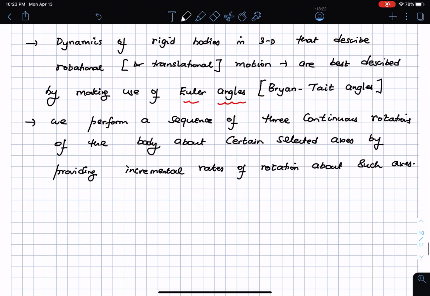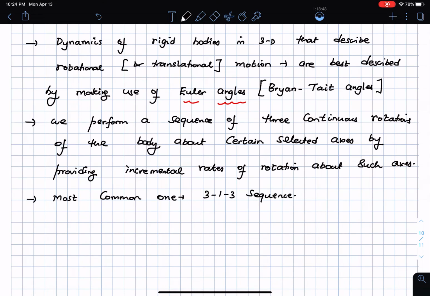And these rotational sequences can be of different types. The most common one is the 3-1-3 sequence, and we have other sequences as well.